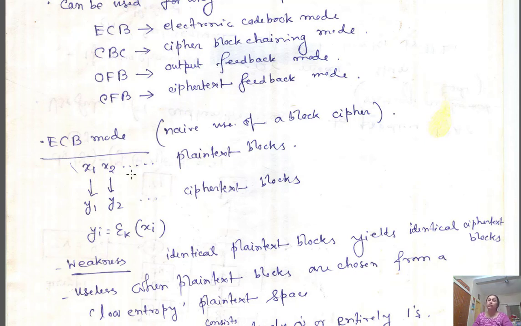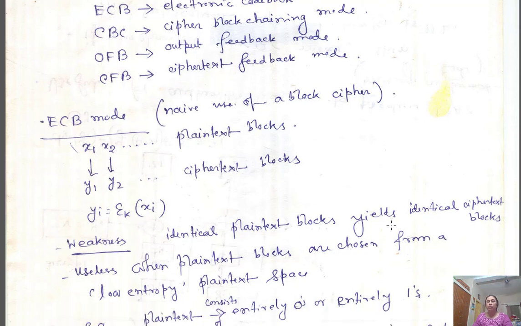We want this mixing to be as complex as possible, so that the ciphertext-plain text relationship is hidden. But if you use ECB mode, you can get this type of leakage about your plain text from the ciphertext.